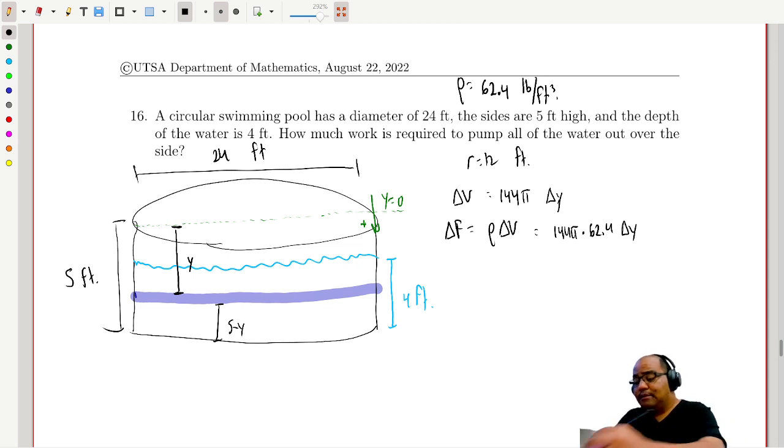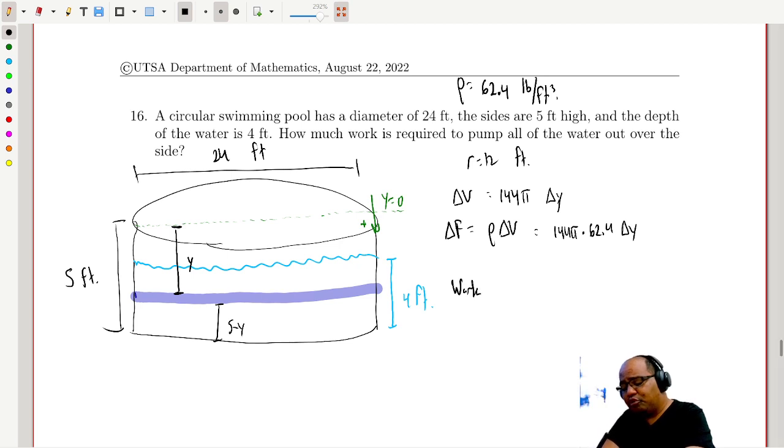Now then, the work required. We're just going to jump to the integral here. So the work required to pump out all the water, we're going to take our force and multiply it by a distance. Well, at some depth y, you have to move the slab up y feet. So we're just going to multiply our little bit above by y, and we're going to integrate.